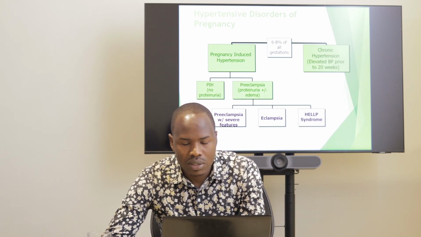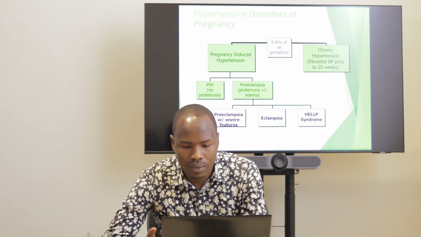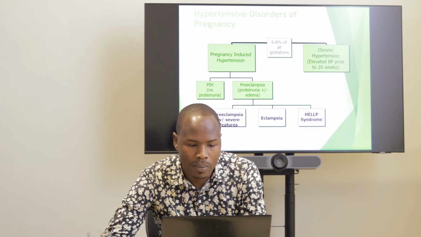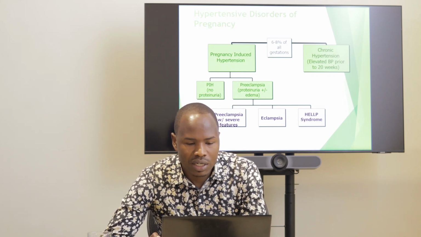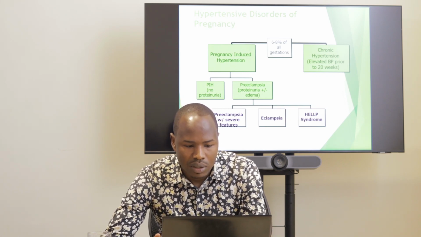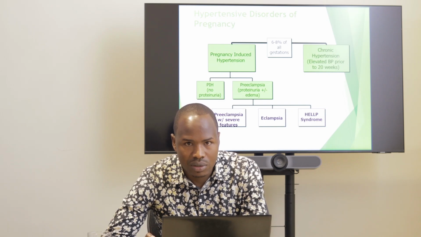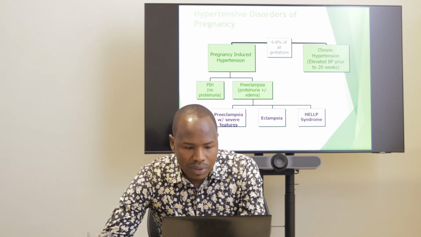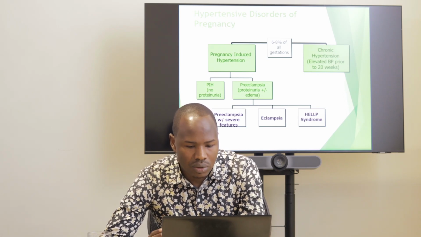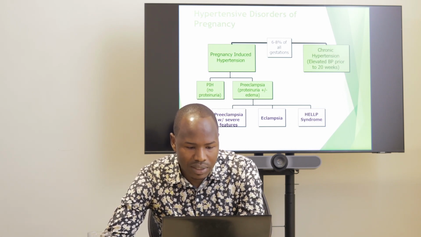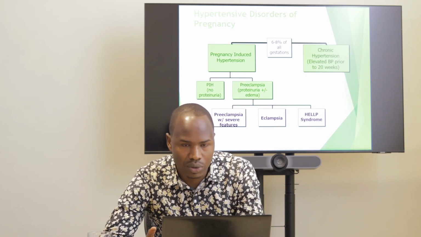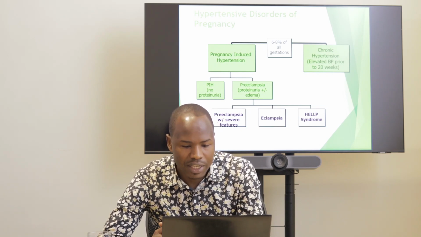Chronic hypertension is seen or diagnosed before 20 weeks of gestation, and pregnancy-induced hypertension is seen after 20 weeks of gestation. Pregnancy-induced hypertension is also broken into two parts: pregnancy-induced hypertension without proteinuria, and preeclampsia.